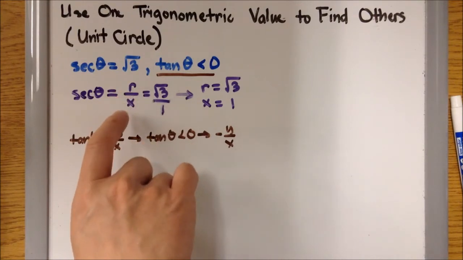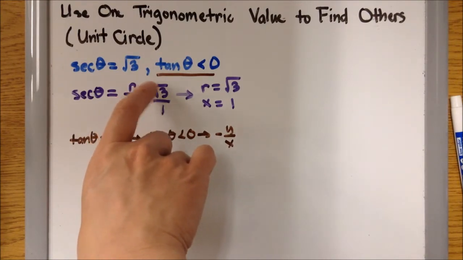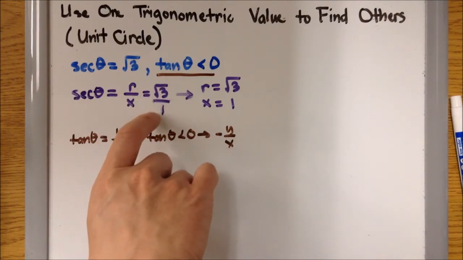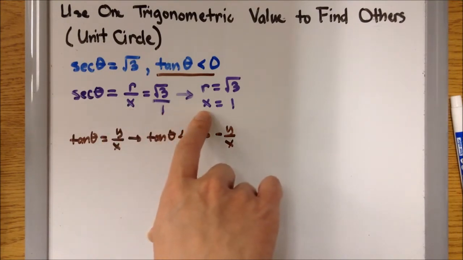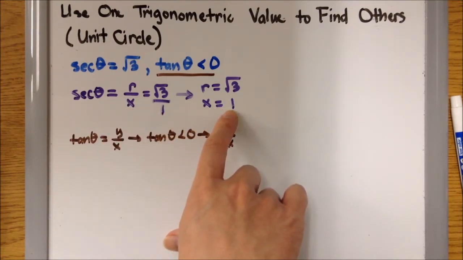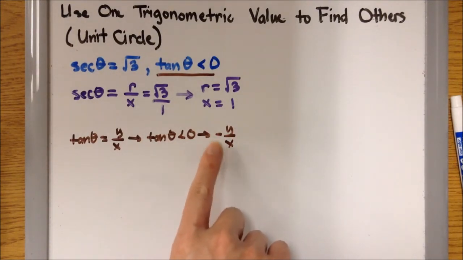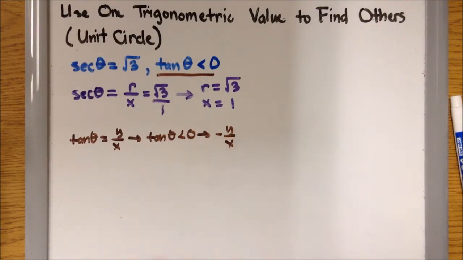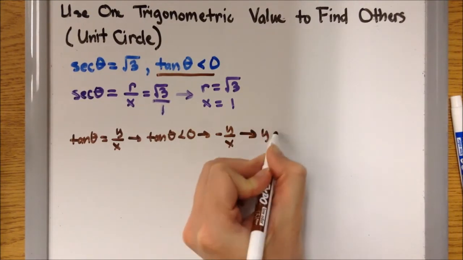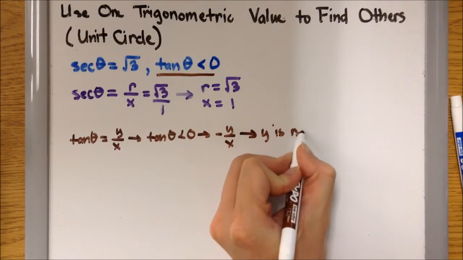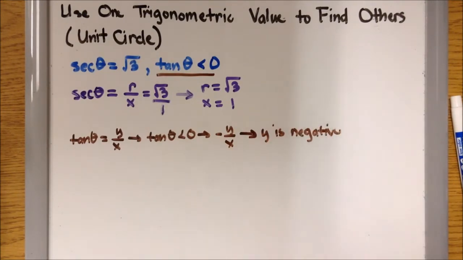R is always positive, and if x is positive 1, then a positive square root of 3 divided by a positive 1 will come out as a positive square root of 3. It is safe to say x is a positive 1. So if x is a positive number, therefore y is negative. So that we know for sure. Y is negative.